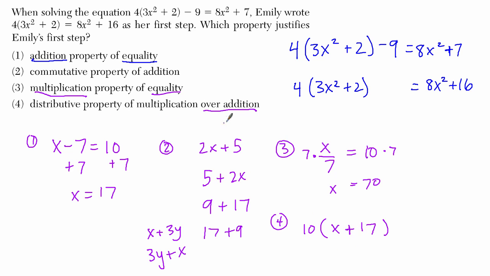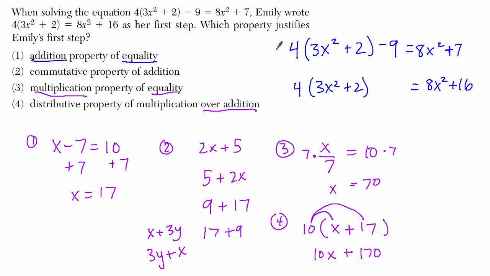The distributive property of multiplication says that this expression is the same thing as the expression you get if you distribute the quantity outside to each thing inside. So 10 times x is 10x, and 10 times 17 is 170, with the addition in the middle. So these two expressions are equivalent because of the distributive property of multiplication over addition. So we have 4 different properties here, and we have to go back to our original question.